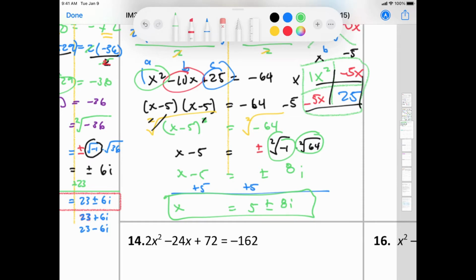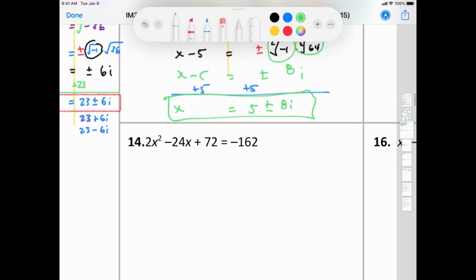Let me double check my answer with the solution key here. This is number 13, and that is correct. Okay, number 14. Again, notice that these are all evens, so I'm going to factor out a 2.